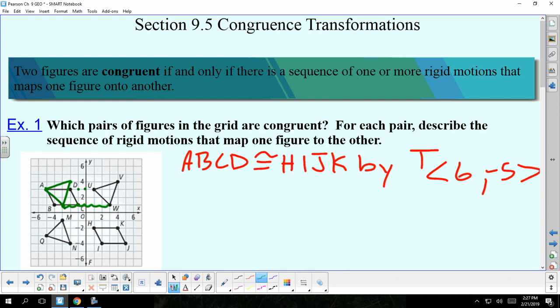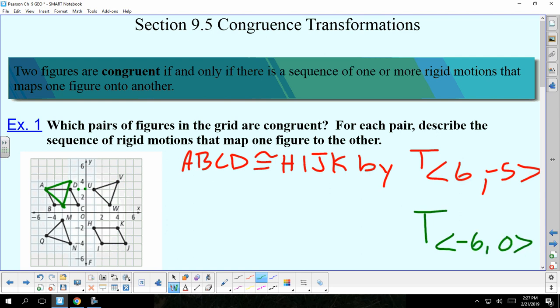So what I did is translated that over so it lines up a couple of the vertices. Okay. So I translated that over. I went negative how many? 1, 2, 3, 4, 5, 6. Negative 6. Up and down 0.